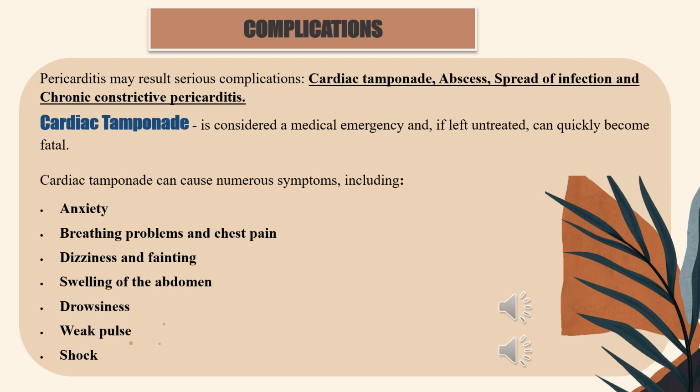Cardiac tamponade can cause numerous symptoms, including anxiety, breathing problems and chest pain, dizziness and fainting, swelling of the abdomen, drowsiness, weak pulse, and lastly shock, a condition in which your vital organs, which are the brain, kidneys, bowels, and liver, do not have sufficient blood flow to function normally.